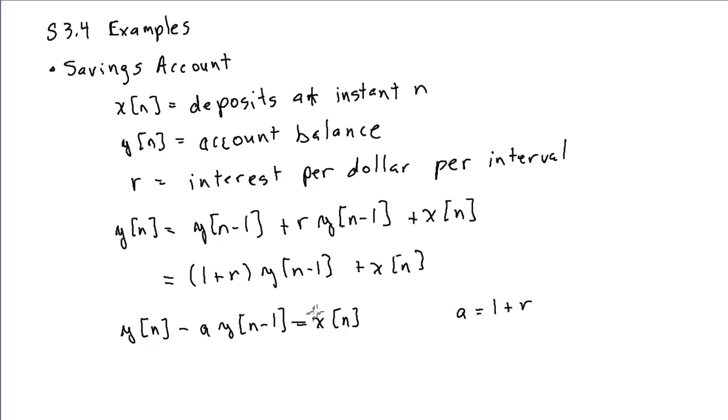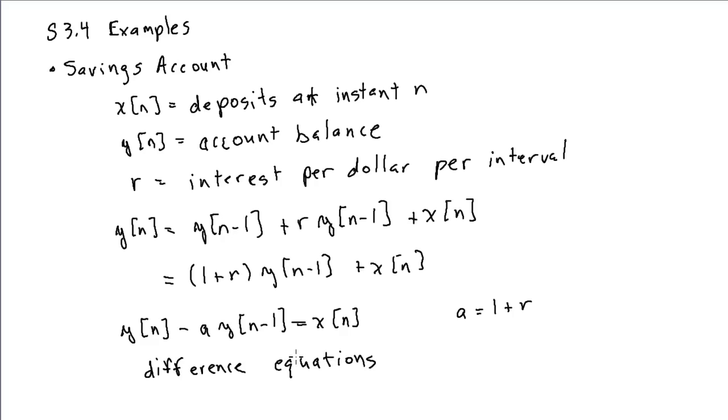Okay. And there's some similarity between this equation and equations we looked at in the continuous time chapter, similarities to differential equations. This is what's known as a difference equation. So we will be looking at, in this chapter, some solution methods for difference equations.